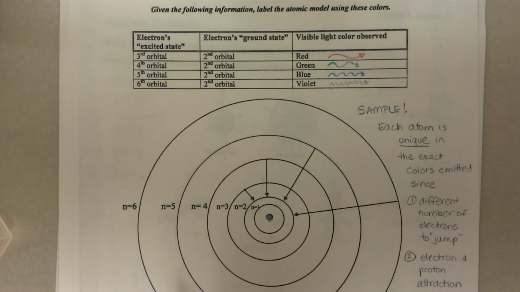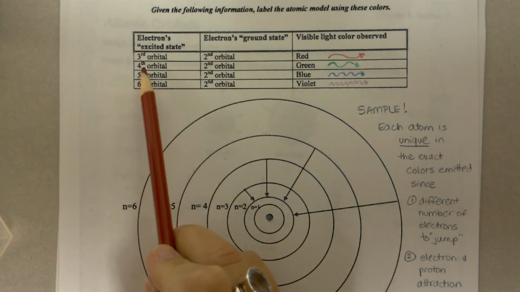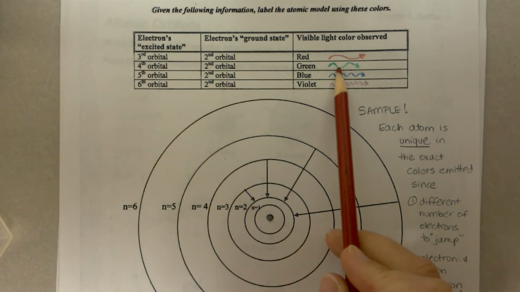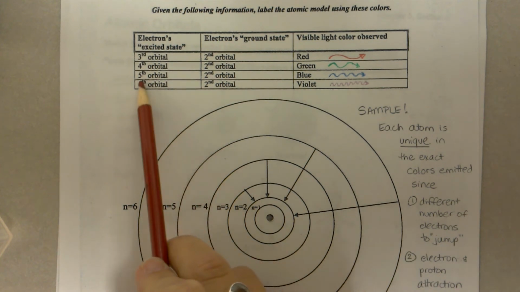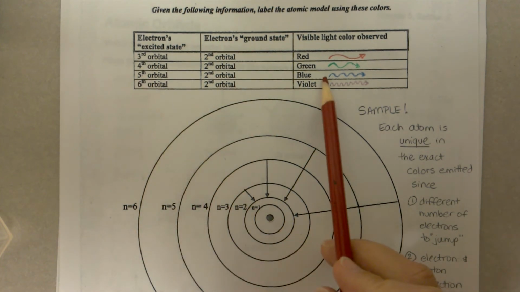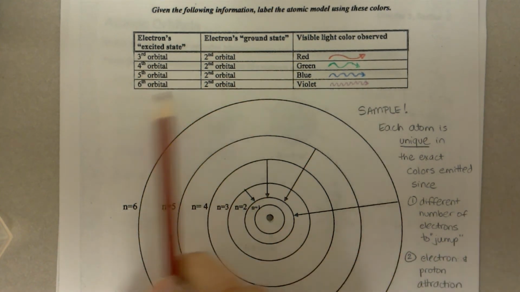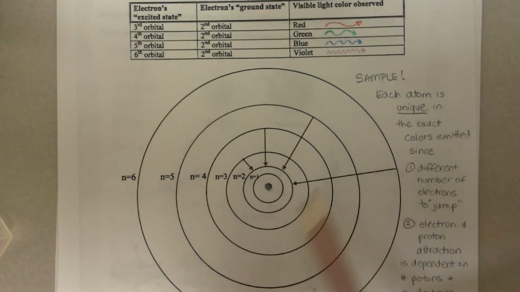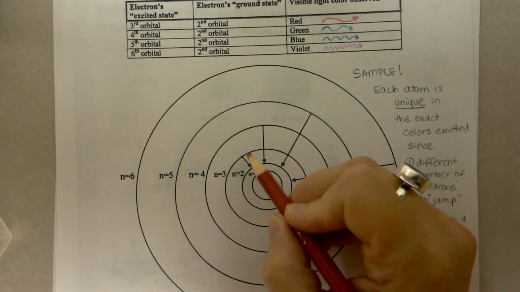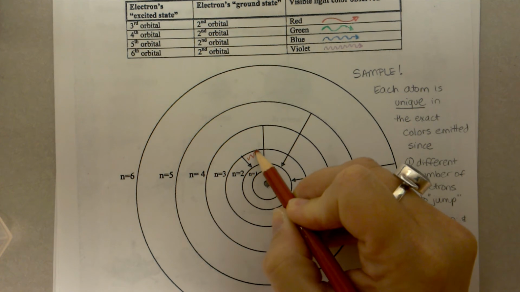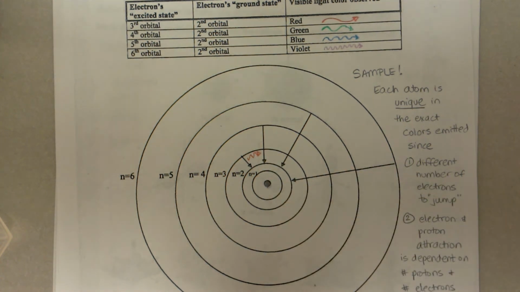And again, this chart will show that if it jumps higher, you'll get a different wavelength. If it jumps even higher and then falls back down, it'll emit a different wavelength, and so forth. So if you look at this Bohr model again, the shorter falls correspond to the red colors in the hydrogen atom.